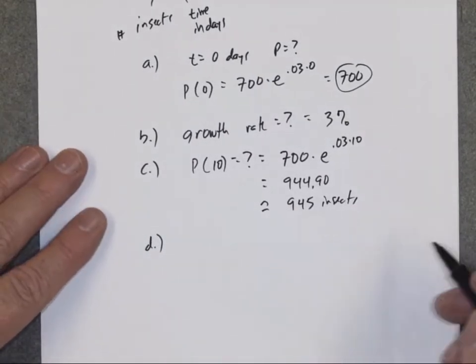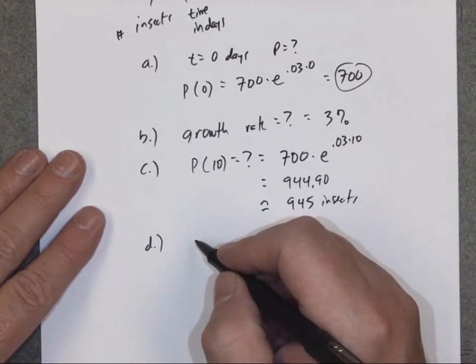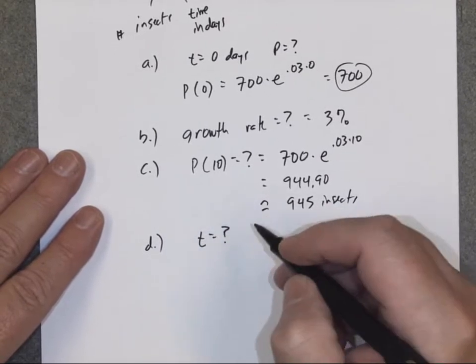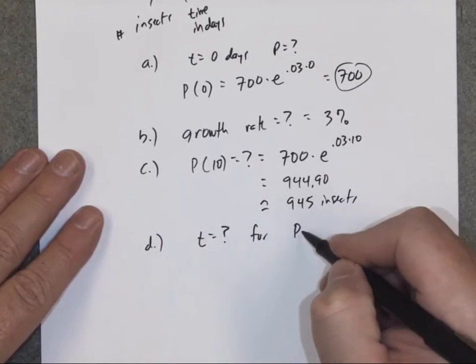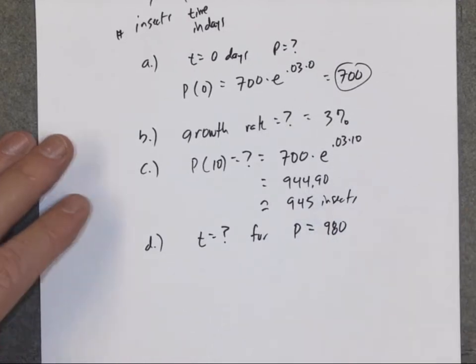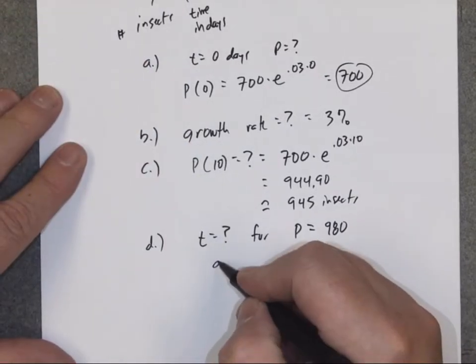Now they say, for part D, when will the population reach 980 insects? Now they're saying t equals what for P equaling 980? So you got your equation.